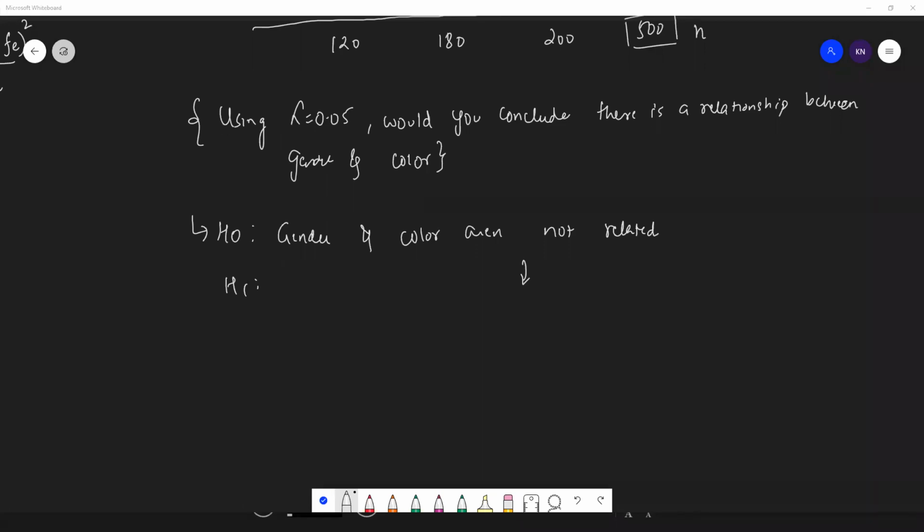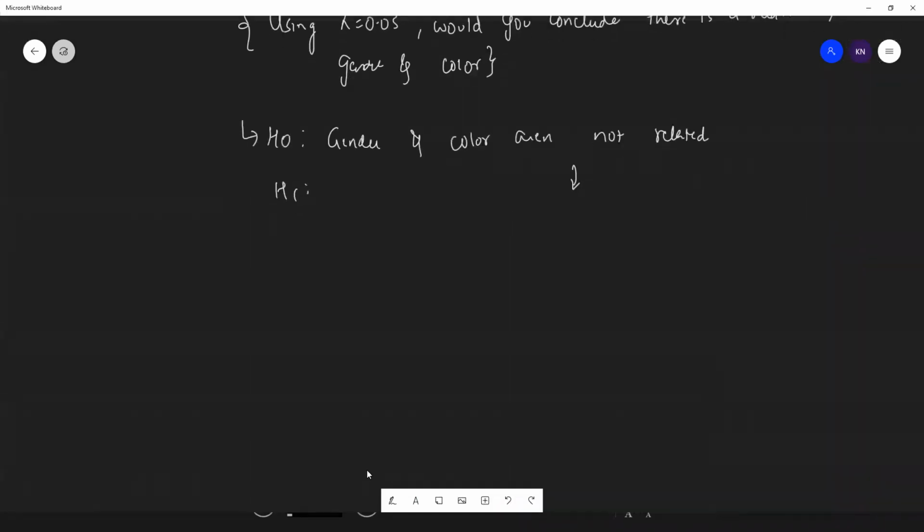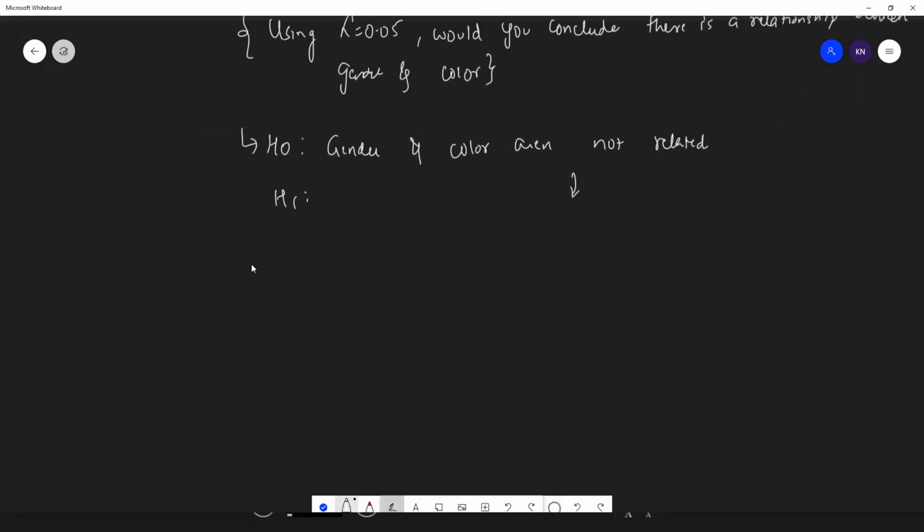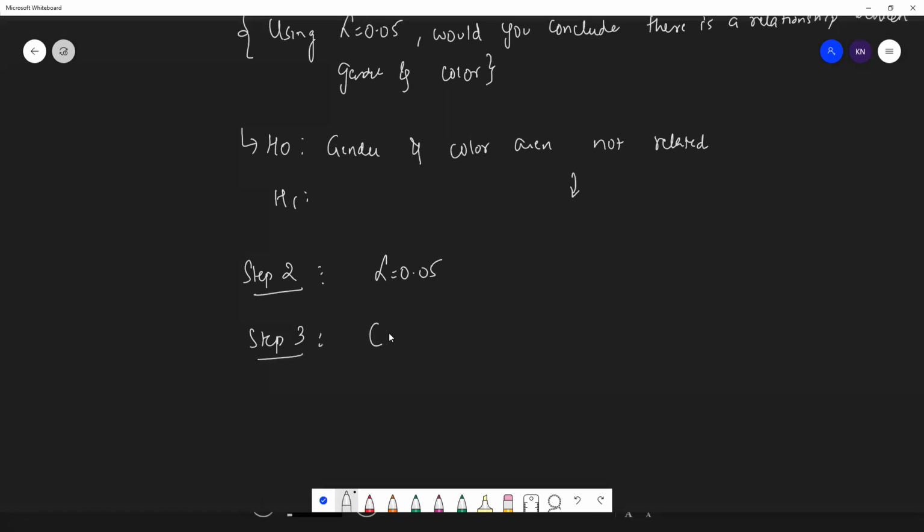Okay. Now tell me what will be the next step. Degree of freedom, right? So my step 2 is alpha equal to 0.05. We have this. Step 3 is calculate degree of freedom.